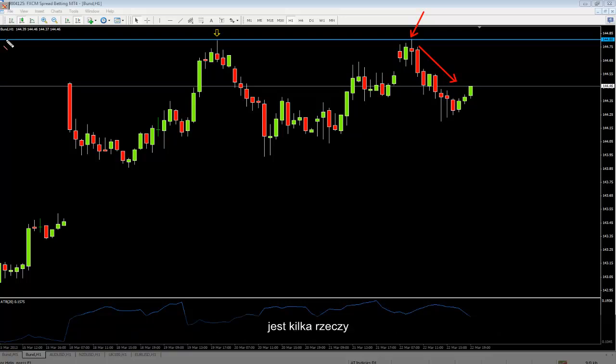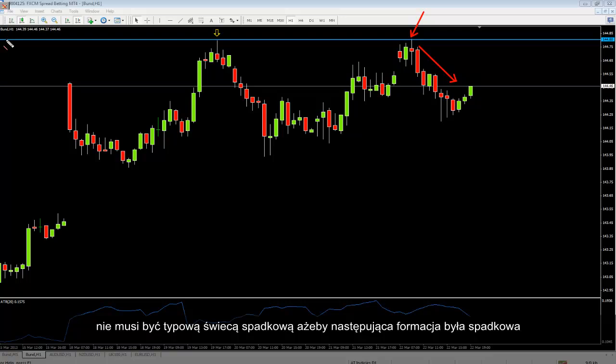Now there's a couple of things to remind ourselves about the swing failure patterns. The bar itself, or the candle, doesn't need to be a particularly bearish candle for it to be a bearish swing failure. This particular candle, in candlestick terminology, is a doji, which represents indecision in the marketplace.